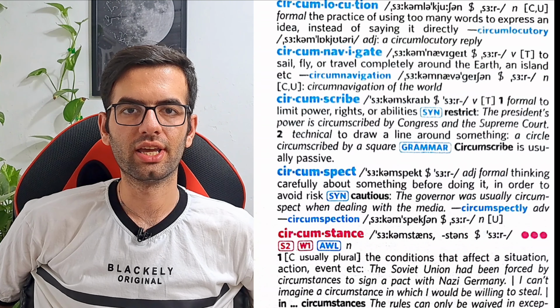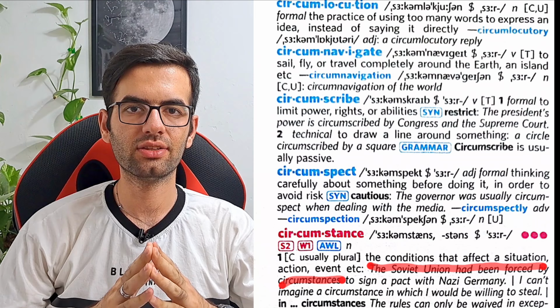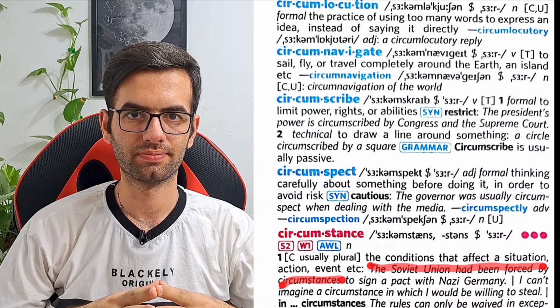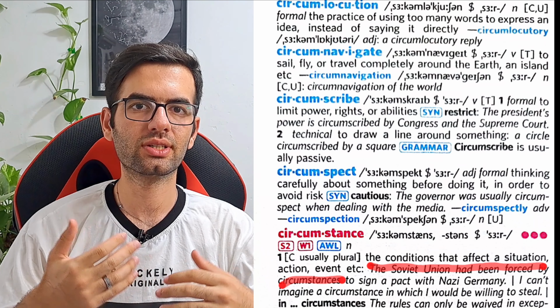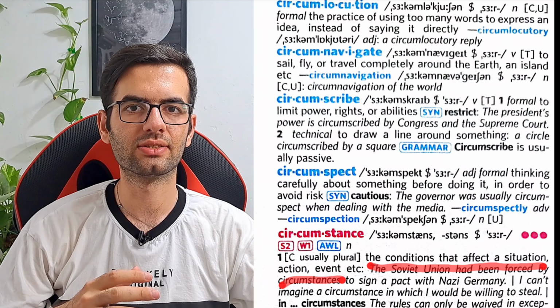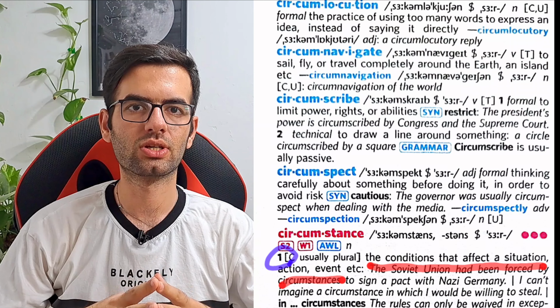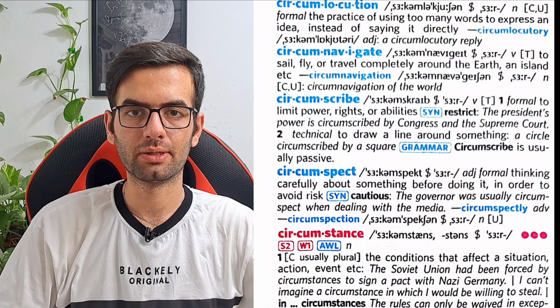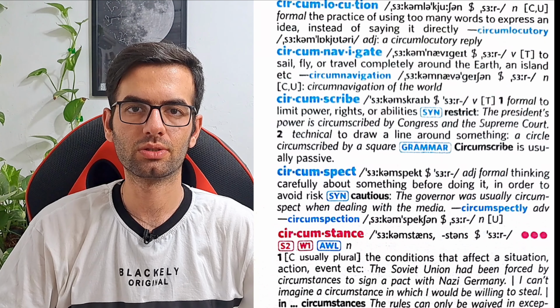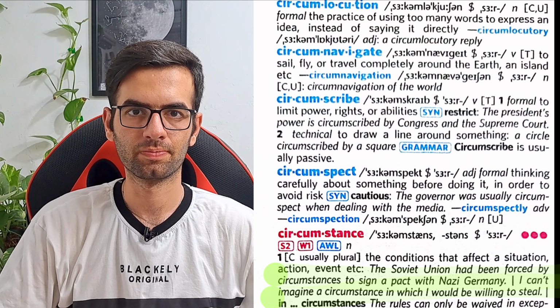The next step is to read the definition once you have located your word in your dictionary. It will tell you exactly what the word means, and if the word has more than one meaning, it will tell you the most common one first. In my opinion, the most important part is the examples, which are provided for each word.